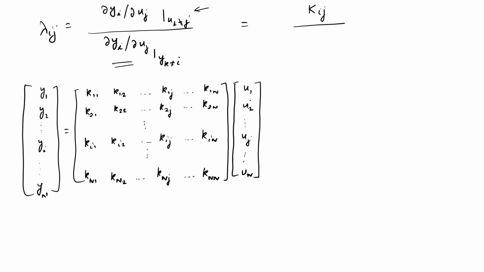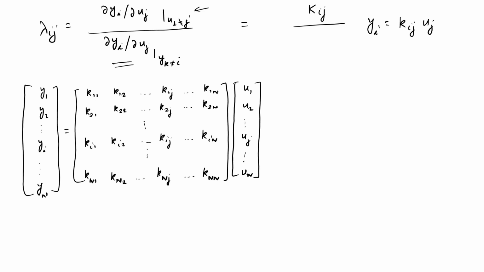So if all u1, u2, all these other terms are 0 except uj exists, uj is finite, everything, all u1, u2, un are 0, then you will see that y1, y2 can change, but the change in yi is equal to kij times uj.